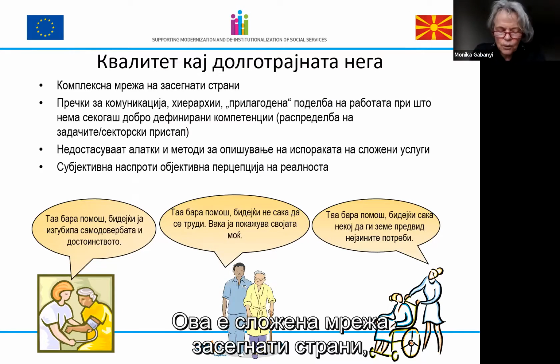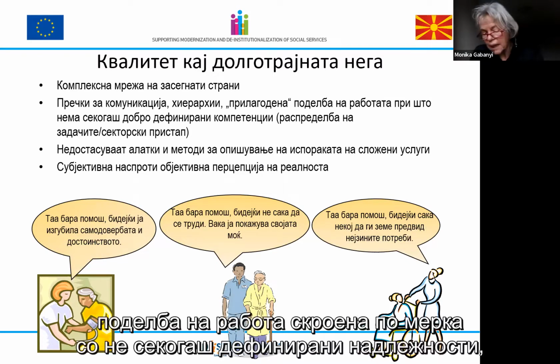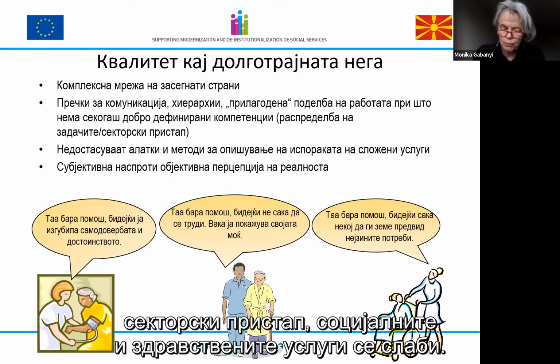And this shows a complex network of stakeholders involved, with barriers to communication, hierarchies, a tailorized division of work with not always well-defined competencies, distribution of tasks, and a sectorial approach.